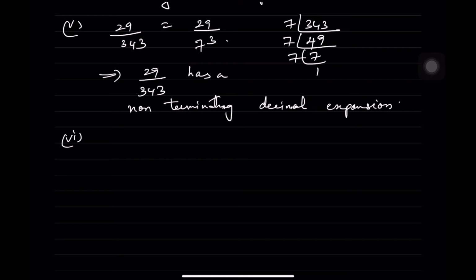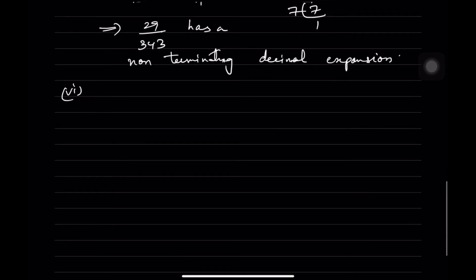Sixth one, 23 by 2 to the power of 3 into 5 square. Now here in the denominator you are having a multiple of 2 and 5. So definitely this can be written as 23 by 2 cubed into 5 square.